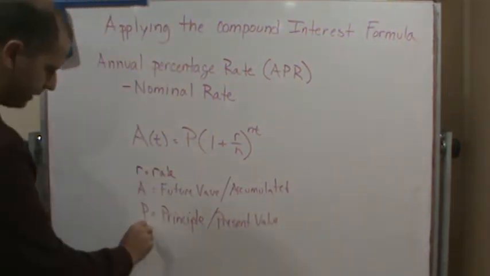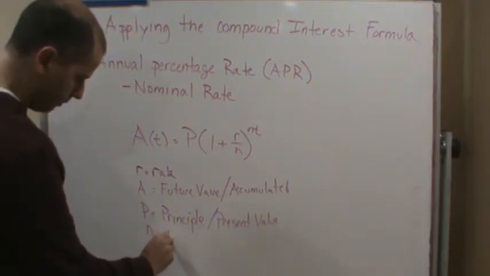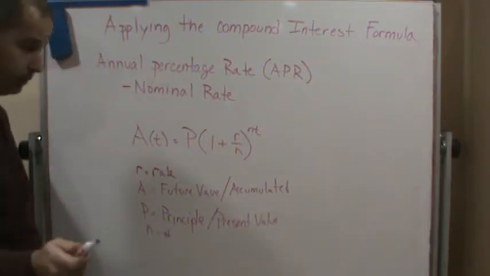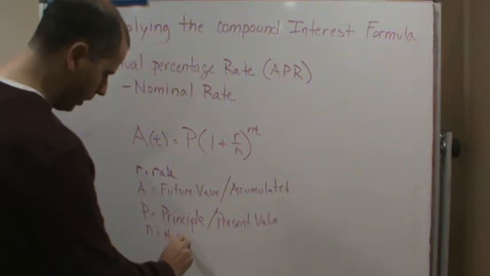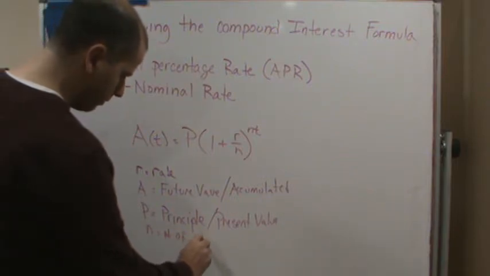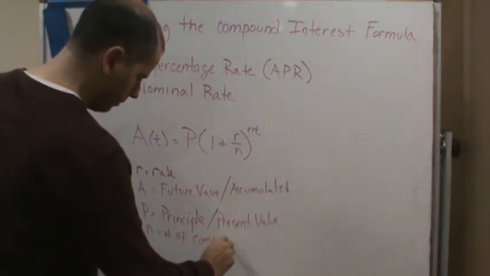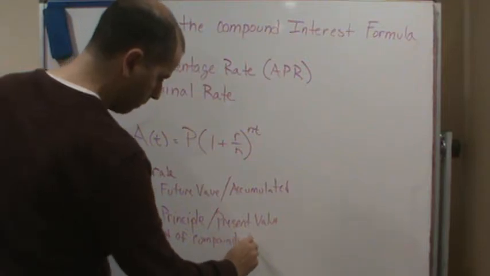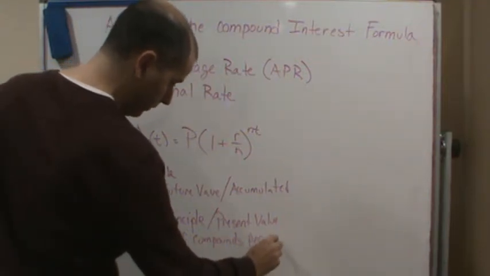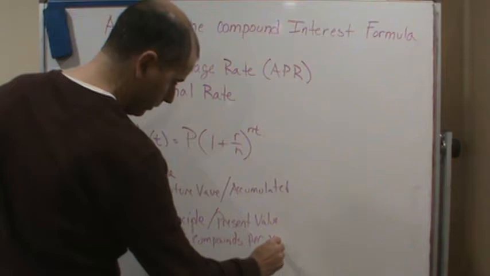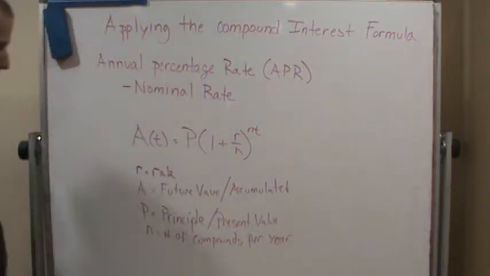N is the number of compounds per year. Now, that's important.